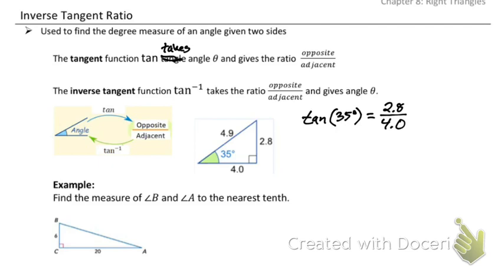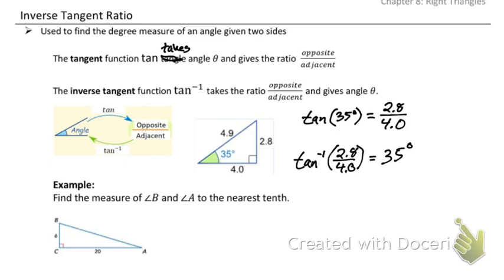Now with tan inverse of 2.8 over 4.0, that is going to equal 35 degrees if you plug that in your calculator.